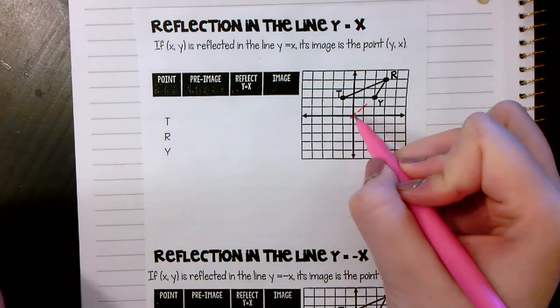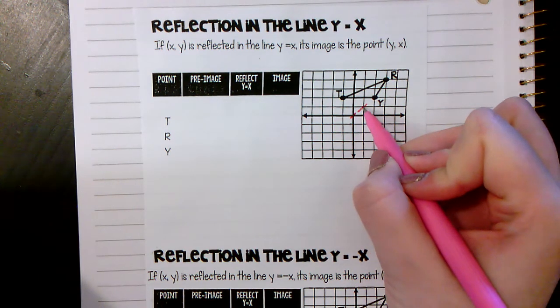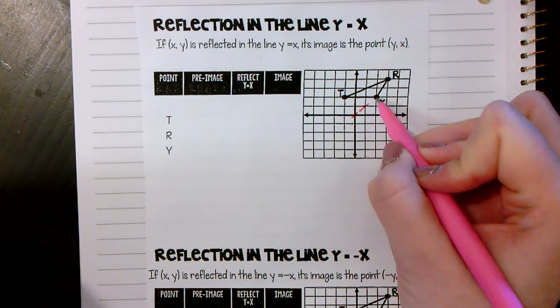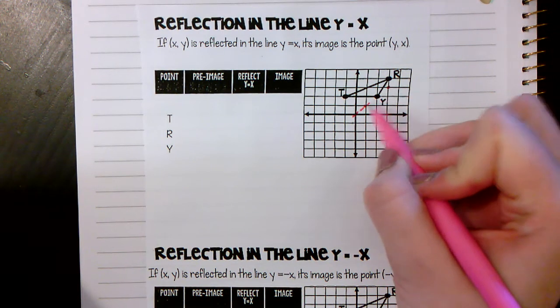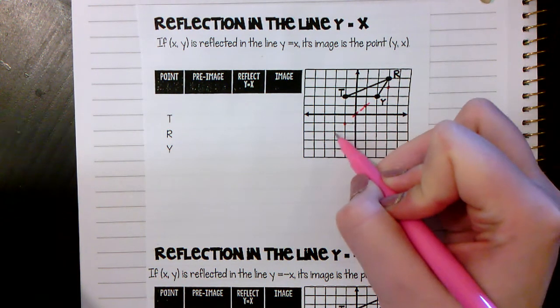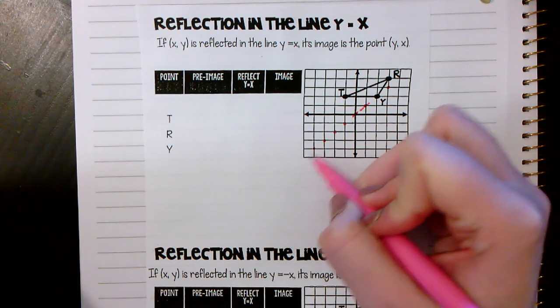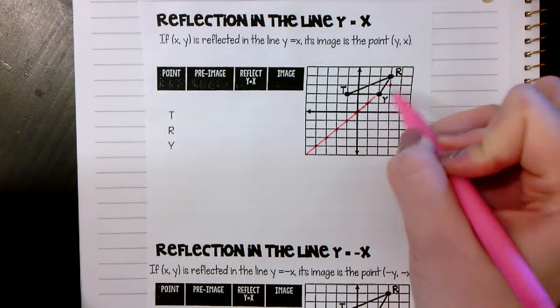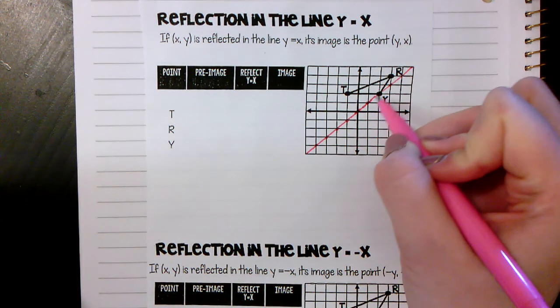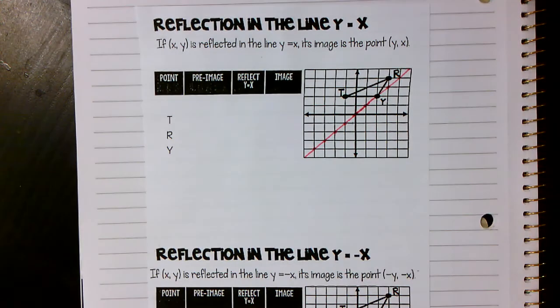So if x is 0, y is 0. If x is 1, y is 1. If x is 2, y is 2. If x is 3, y is 3. And so you'll end up having a line that goes straight through the middle, just like that. So that is the y equals x line, right?